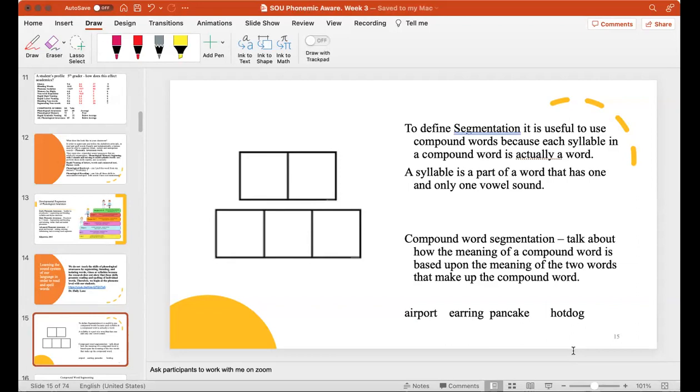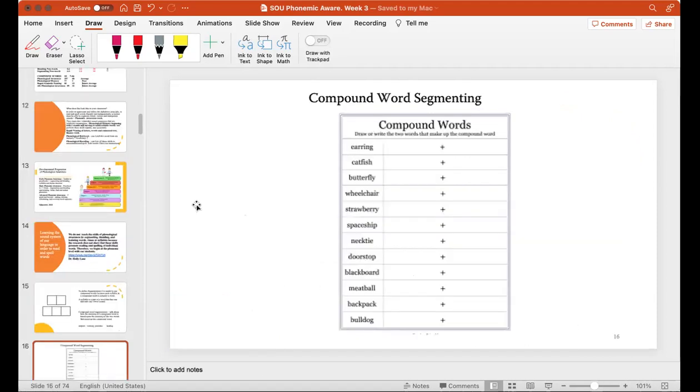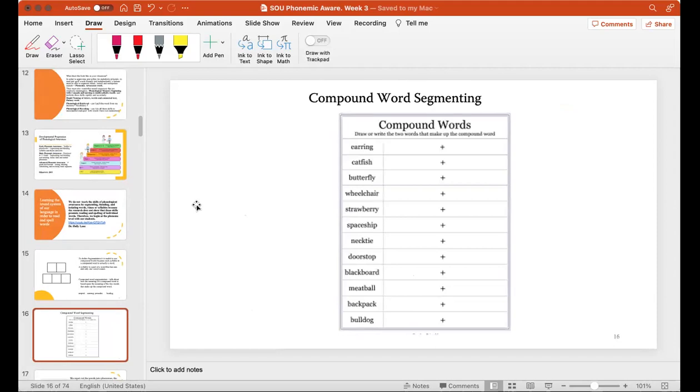Like earring, ear means one thing by itself, ring is something different, but when you put them together, it's that decorative jewelry that you put in your ear. So a lot of times I want to define what segmenting word means by showing that.